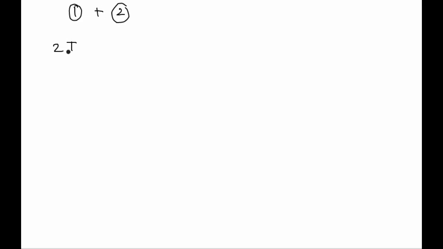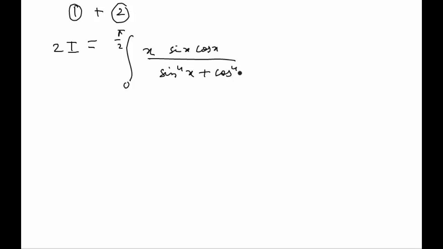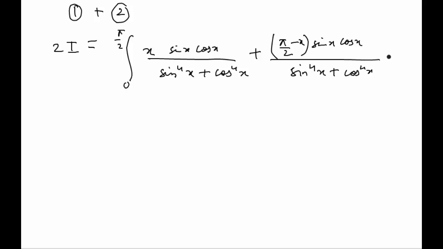We will get 2I equals integration of 0 to pi by 2. Here it was x sin x cos x upon sin to the power 4x plus cos to the power 4x dx plus pi by 2 minus x with the rest of the terms same, sin x cos x upon sin to the power 4x plus cos to the power 4x dx.